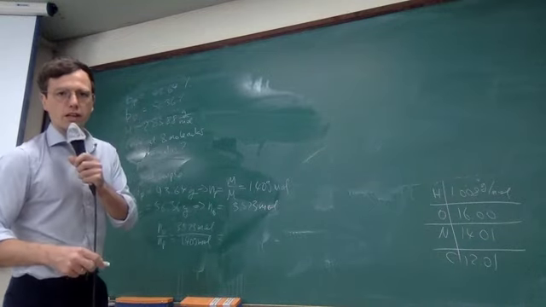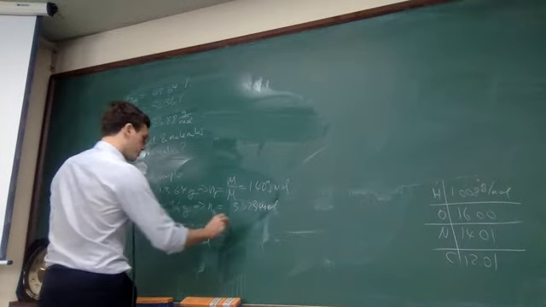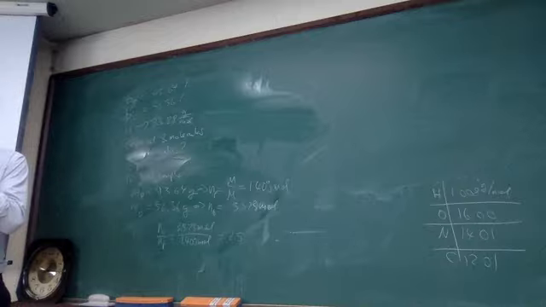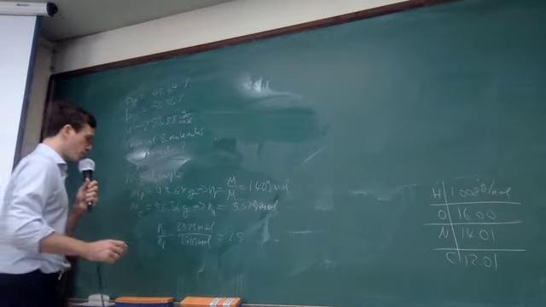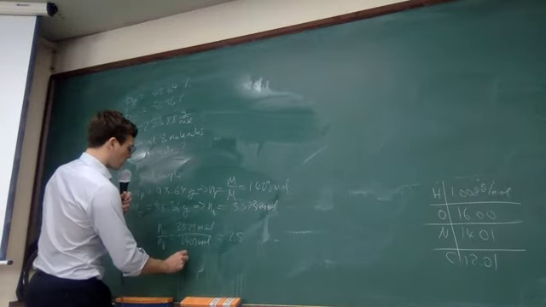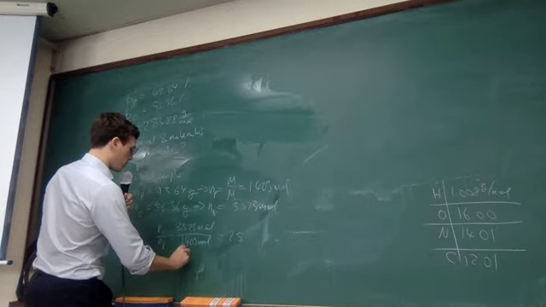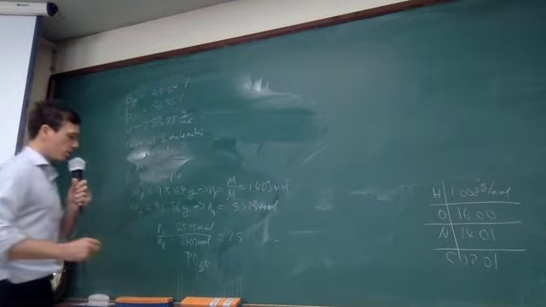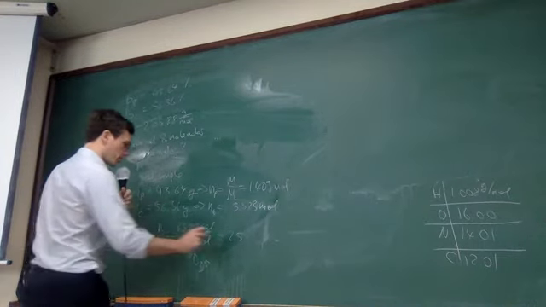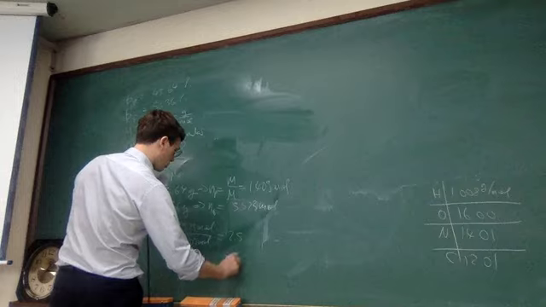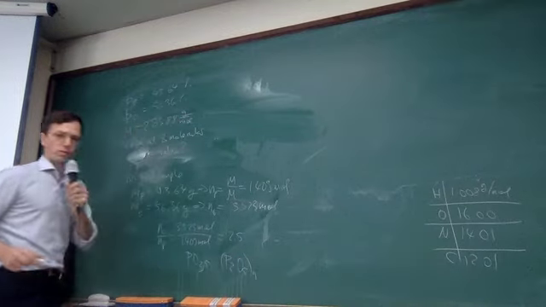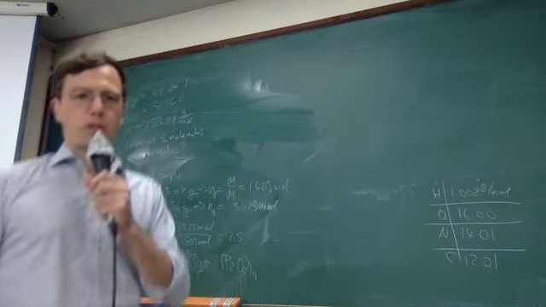And this gives exactly 2.5. So we have 2.5 times as many oxygen atoms as phosphorus, right? So our empirical formula should be PO2.5. But we don't really like that one, so we multiply by 2, so it's P2O5. Right, so this would be our empirical formula.